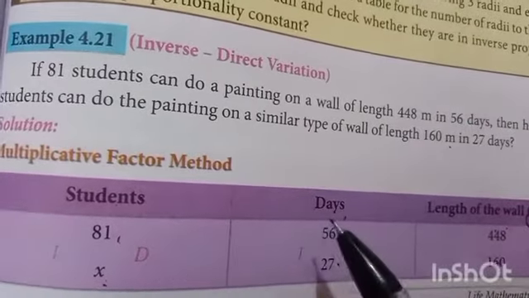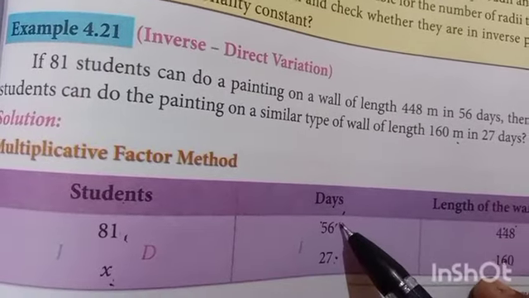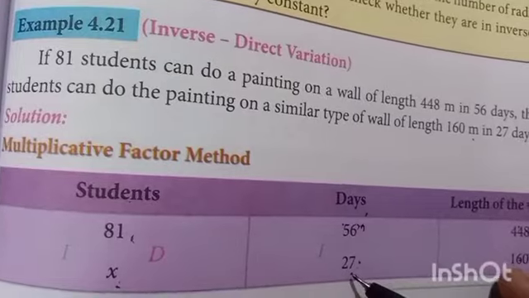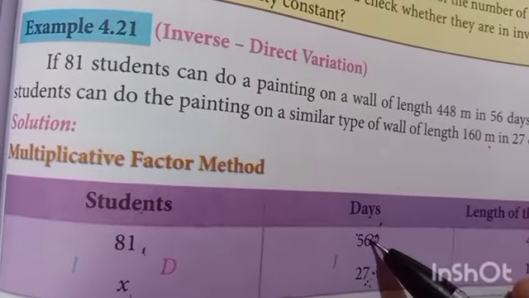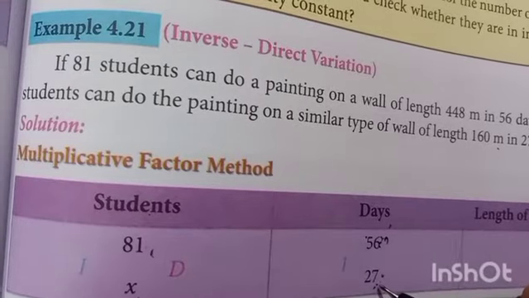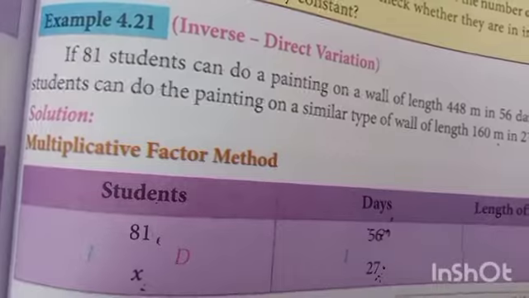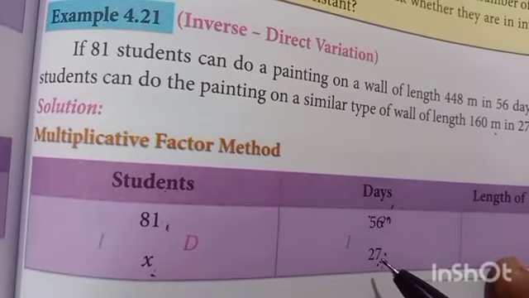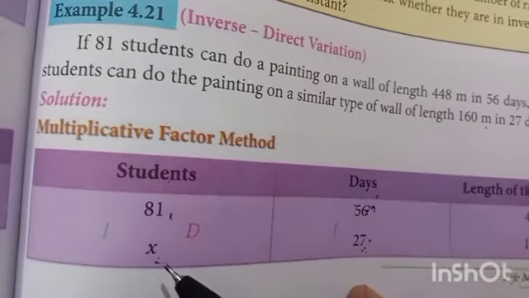Suppose you are comparing these two, days and students. The number of days decreases. In the beginning 56, then 27. 56 reduces to 27. So the number of days decreases. Number of days taken is less, so we need more students.